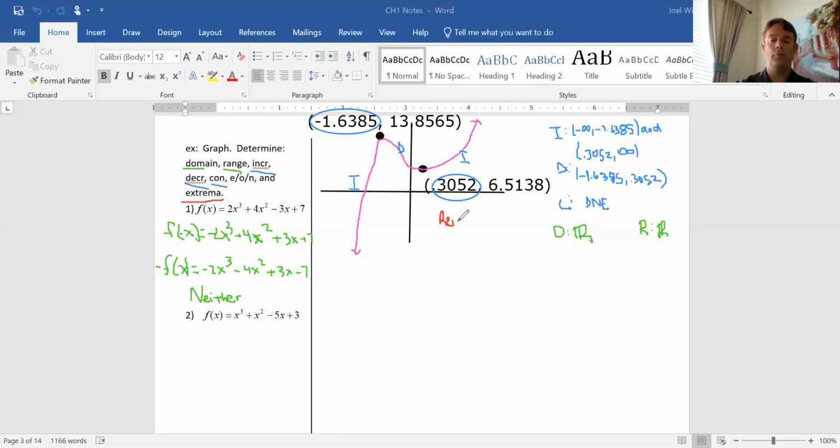So I would write it as a point. And then I'm going to have my relative max. My relative max is going to be this point right here.